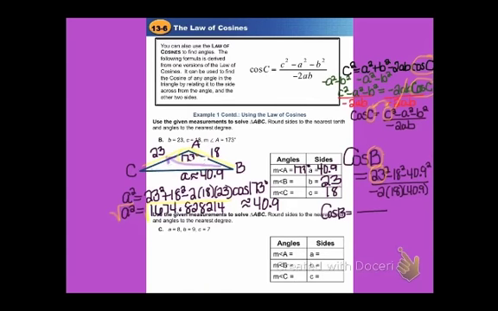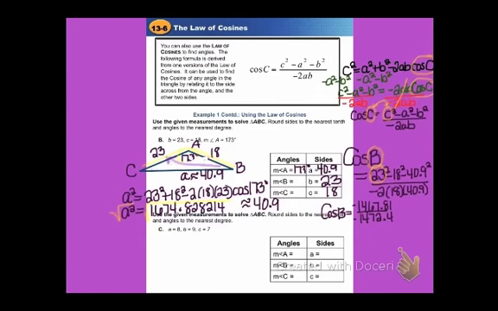So I put the numerator in my calculator, 23 squared minus 18 squared minus 40.9 squared, and I got negative 1,467.81. And then I put the denominator in, negative 2 times 18 times 40.9, and I get negative 1,472.4.